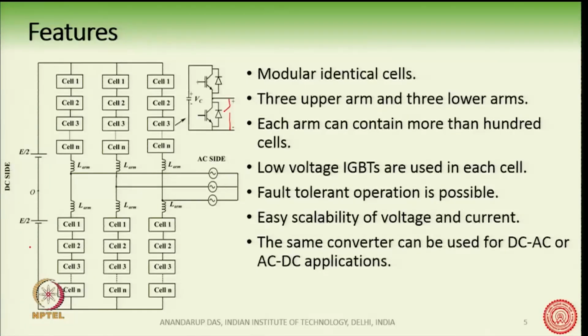Say each cell has 2 IGBTs, and each IGBT can be rated for 3.3 kilovolt. But since many of these cells are connected in series, we can get to a very high voltage.